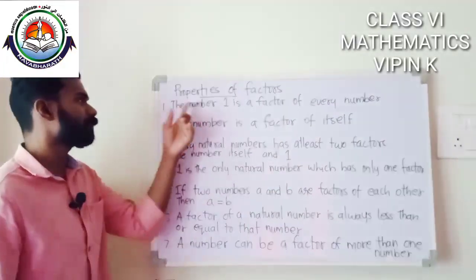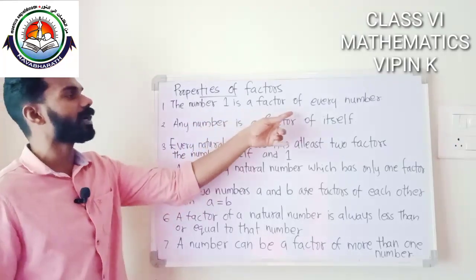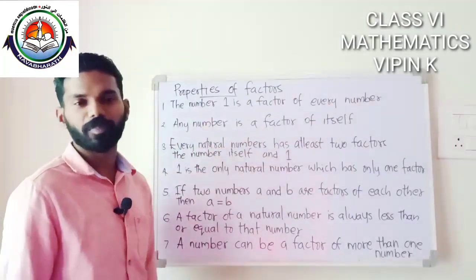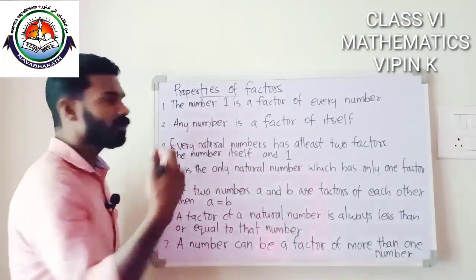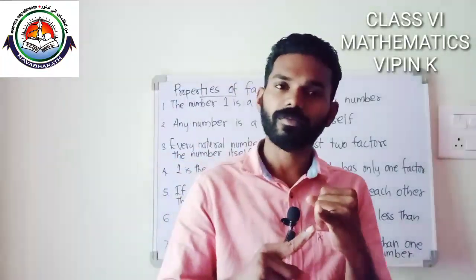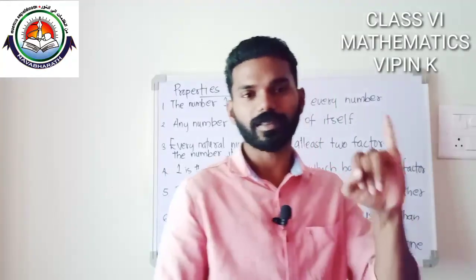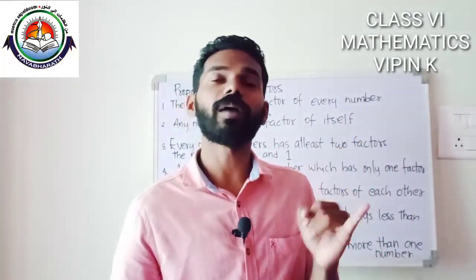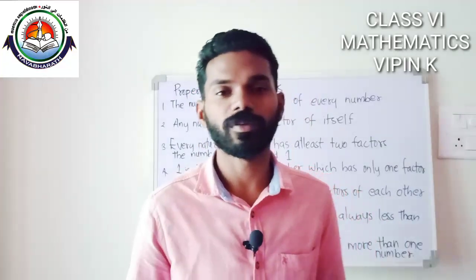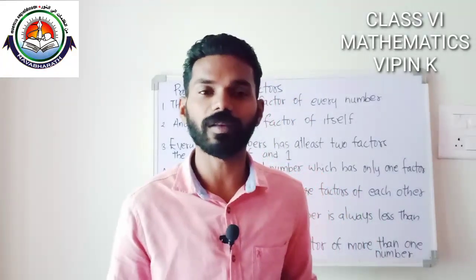The first property, just read it: the number 1 is a factor of every number. Take any number. Suppose I am taking 1. 1's factor would be 1 itself. Now I am taking the number 5. One of the factors would be 1 itself.